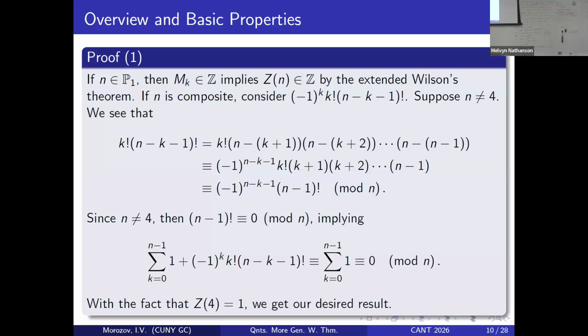And then using that n is not equal to 4, this is 0 modulo n. And so n is going to divide the sum shown here. And since Z(n) is just 1 over n times the sum, it's an integer. And then we add the additional case for Z(4).